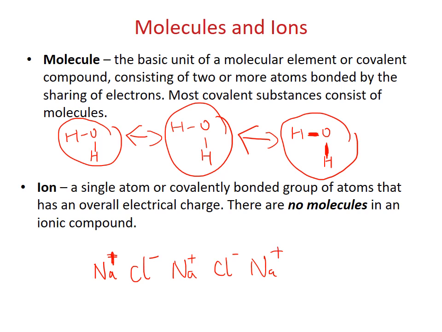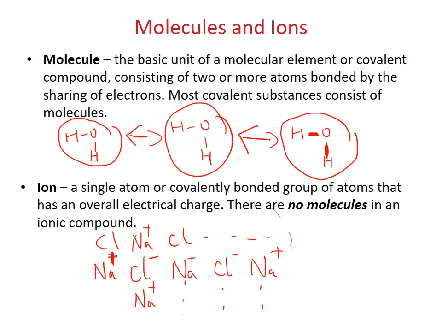So chloride has another sodium here, and then chloride here, chloride here. So it's just along three dimensions, an infinite array of alternating positive and negative charged ions. Even the tiniest visible grain of table salt contains an enormous number of sodium and chloride ions.